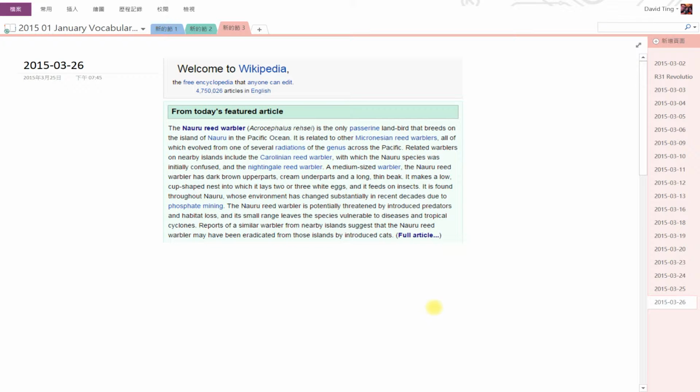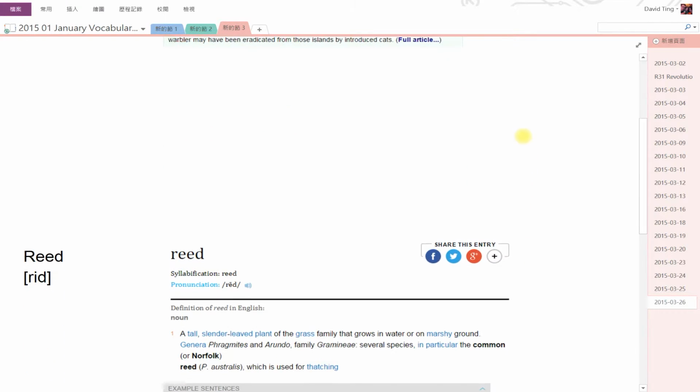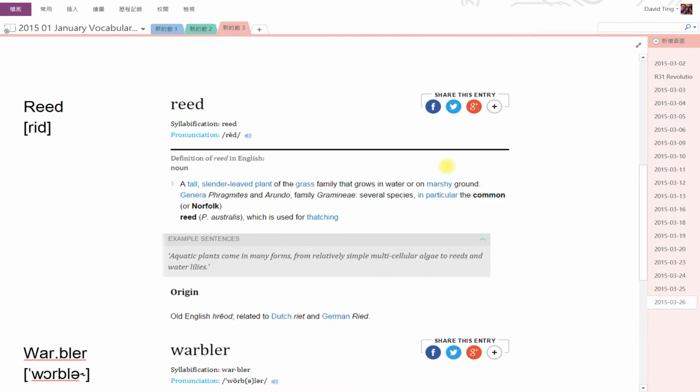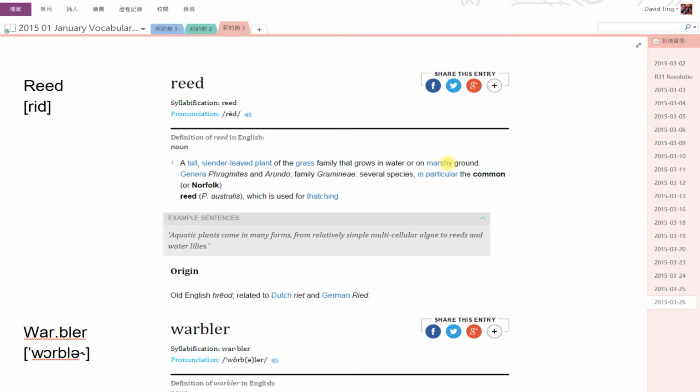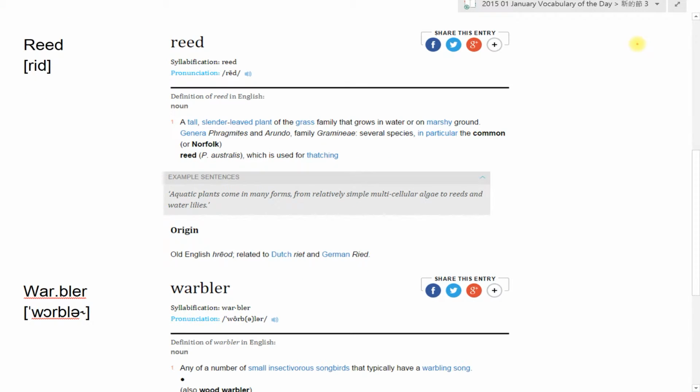好的，同学们，不知道有没有利用刚刚老师这些简介锻炼一下你的听力。好，那我们现在看我们刚刚念的地方，用 spelling bee 的方式来解释。Reed, R-E-E-D, reed. Definition of reed in English. Noun. A tall, slender leaf plant of the grass family that grows in water or on marshy ground. General Phragmites and Arundo, family Gramineae.